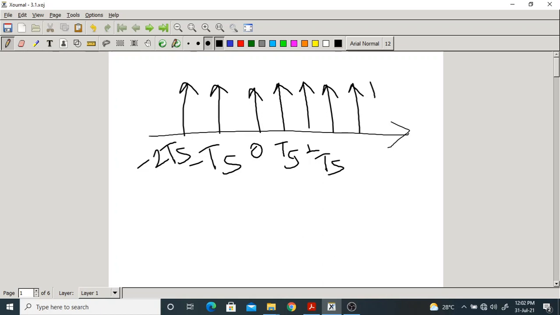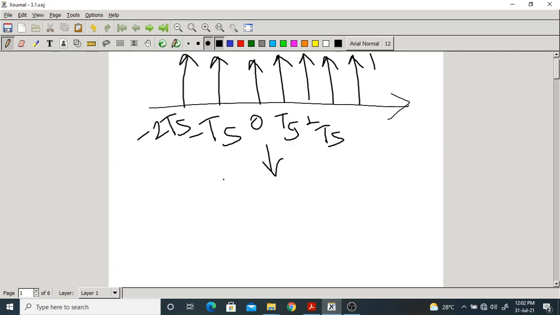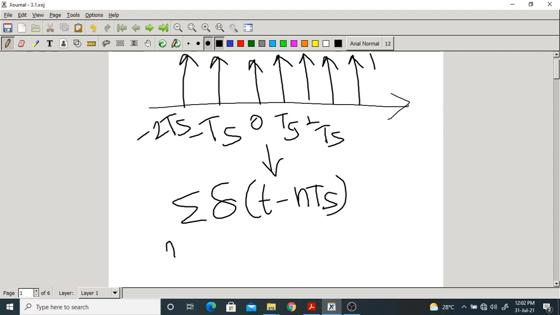The strength is 1. This is called a train of impulses. How to denote this? It is the summation of delta of t minus nTs, where the summation goes from n equal to minus infinity to plus infinity.